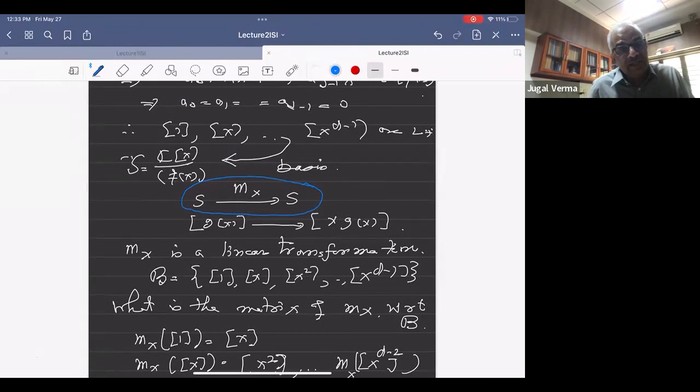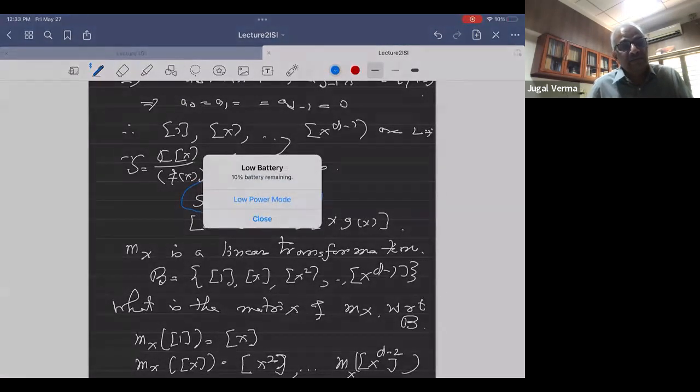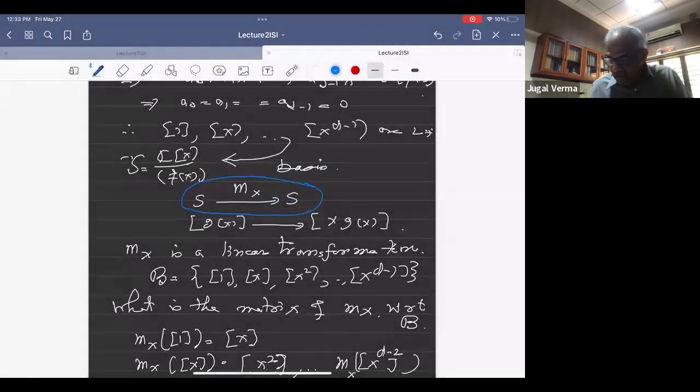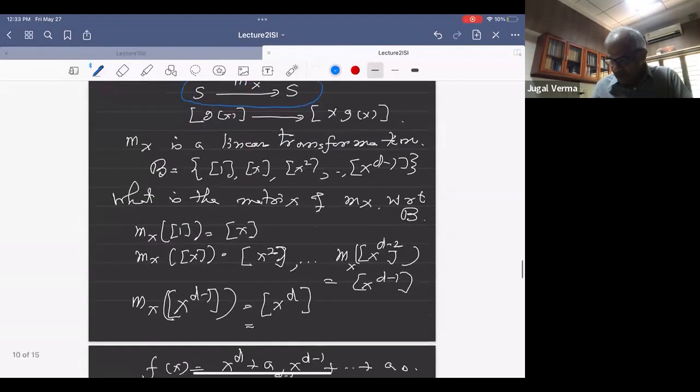I could have looked at multiplication by any polynomial. Even that is going to give me a linear transformation. Yes. So we look at now multiplication maps by multivariate polynomials on a zero-dimensional ideal.